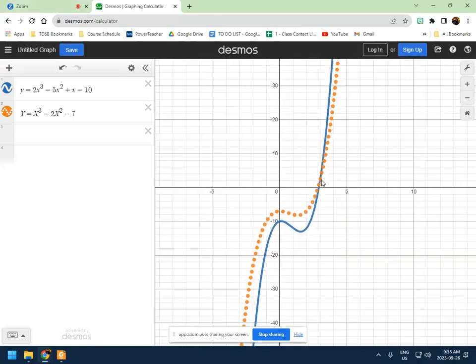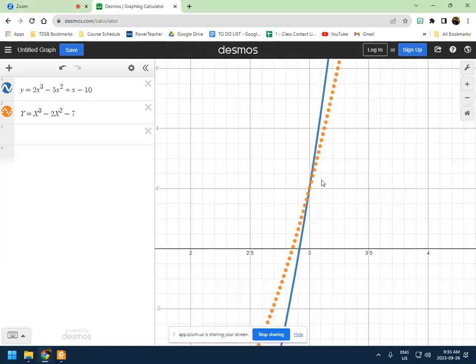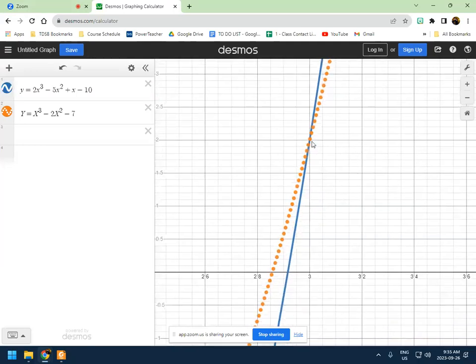Okay, and is that the x-intercept? No, it's not. This equation is not talking about x-intercept. This equation is talking about when does the left side equal the right side. Please be careful.